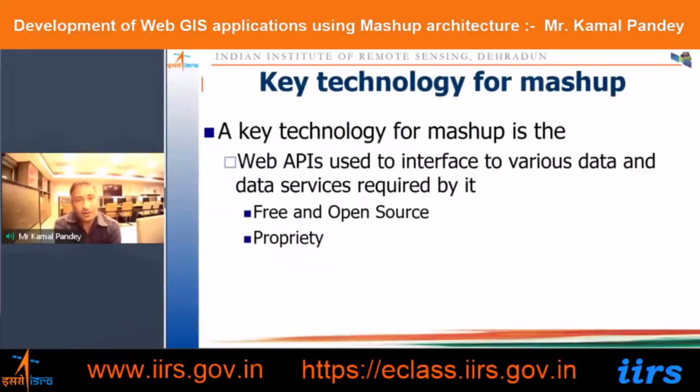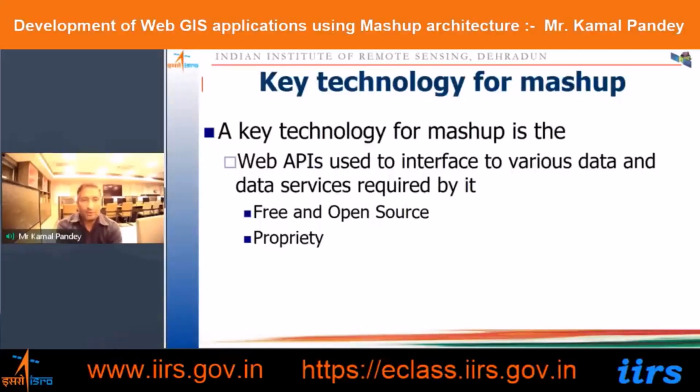Now, what are the key technologies behind creating a Mashup? In one line, the answer is API or web service. This is the building block of a Mashup based web application. You need to have an API, that is, an application programming interface.